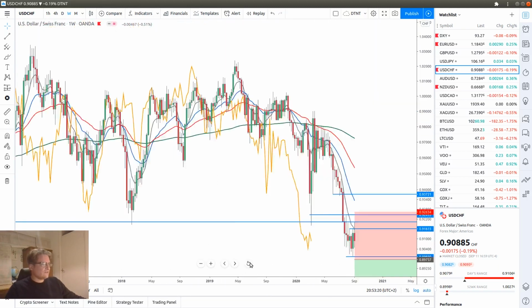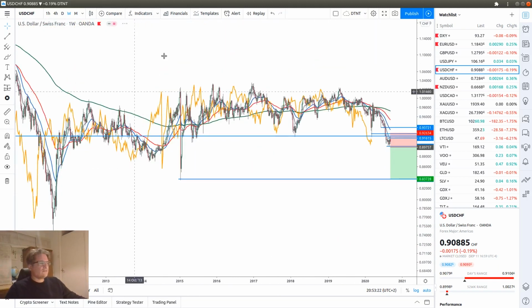Let's zoom out a little bit and see where that comes from. So we had this spike down here in 2015, and this is an area of support that I'm targeting, and there's also another area right here that I'm not targeting.